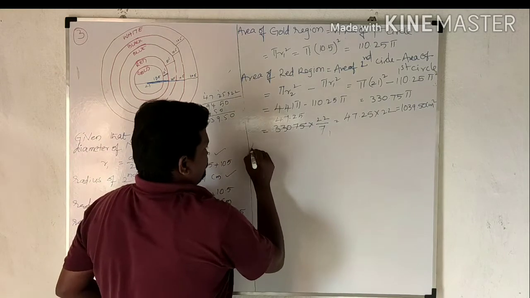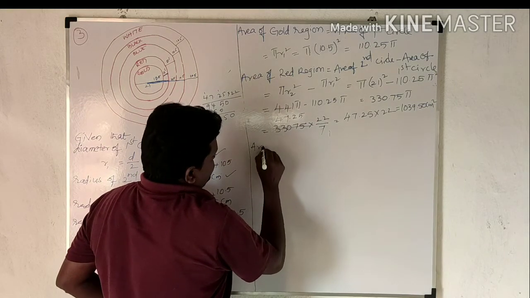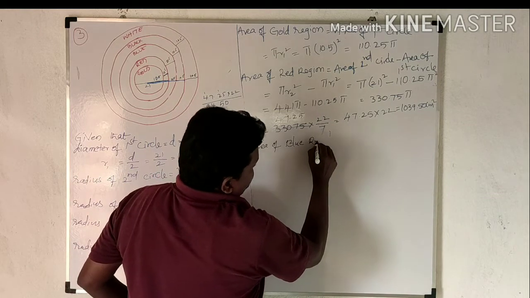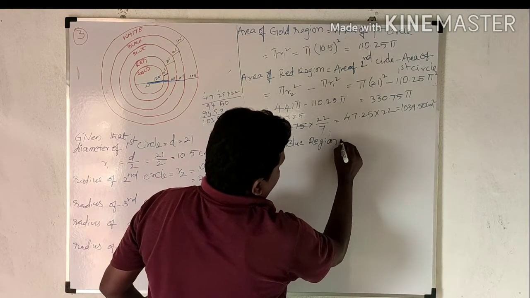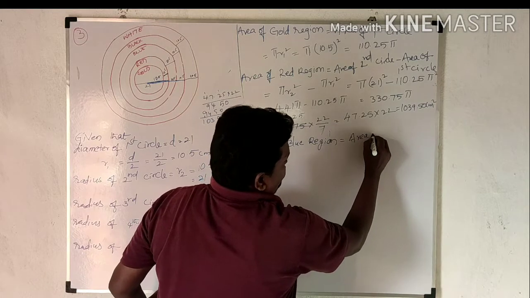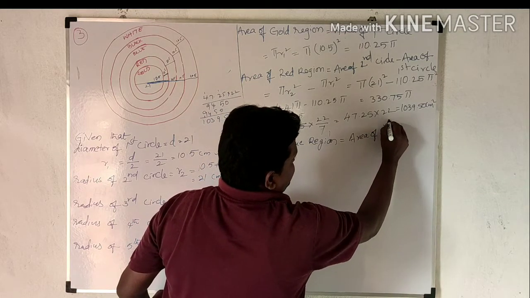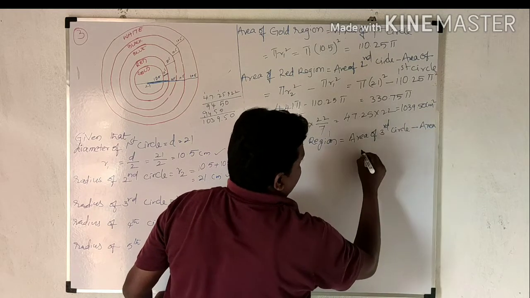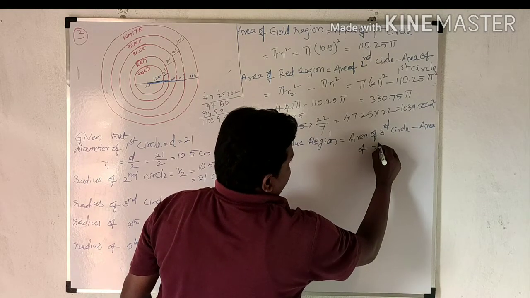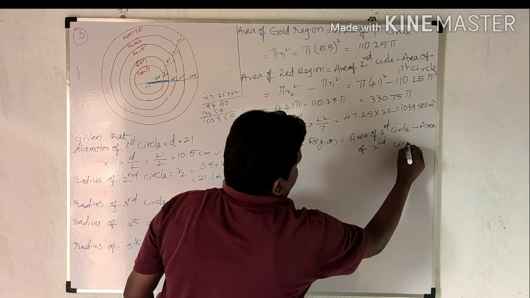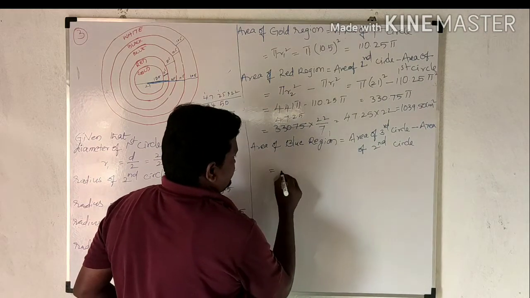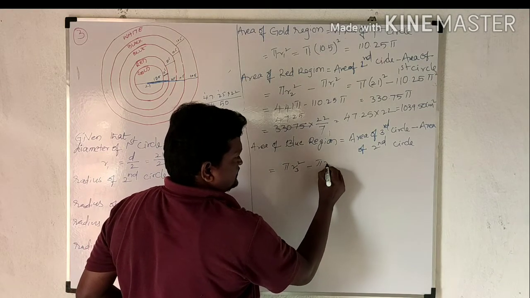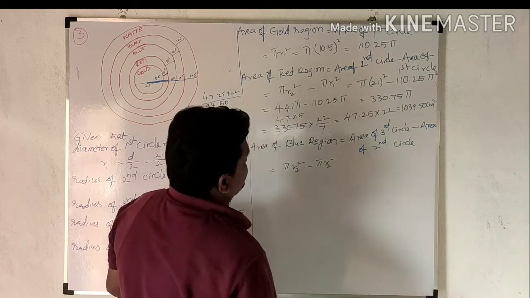Now the area of the blue region is equal to the area of the third circle minus the area of the second circle. So this is pi r3 whole squared minus pi r2 whole squared.